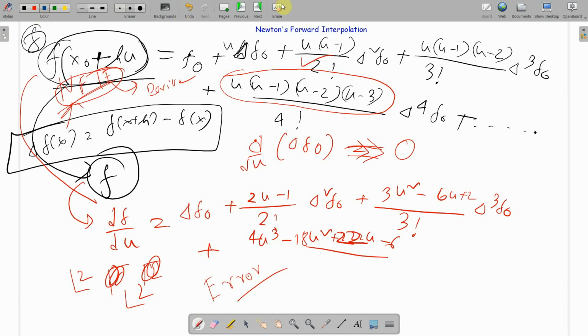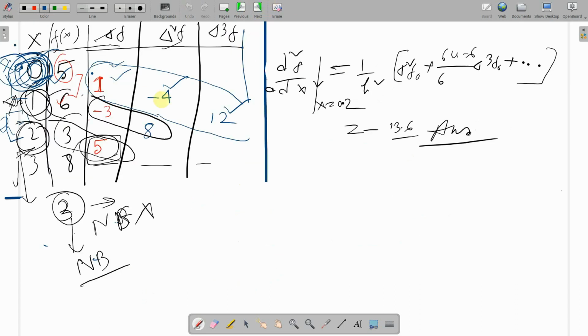If you go to the next page and see this example, you have the questions. These were the data points, this was the result.